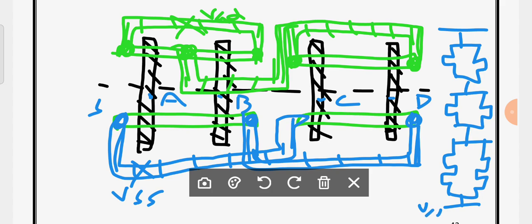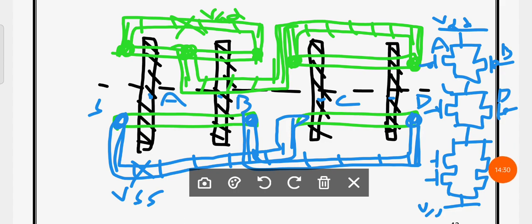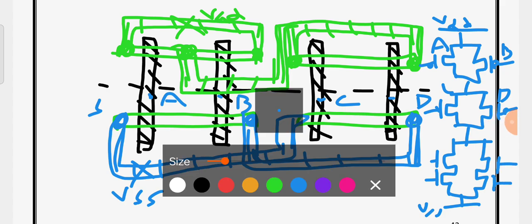It becomes VSS, it becomes VDD, and it is your transistor A. This is A, this is B, this is C, and this is D. I don't have sufficient space for that. Okay, let it be D, and similarly here A, B, C, and D.